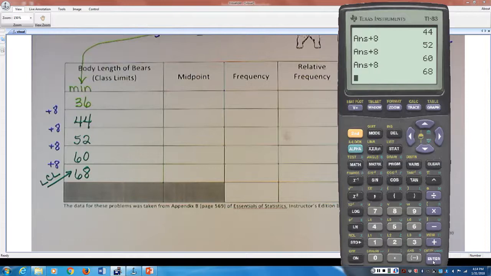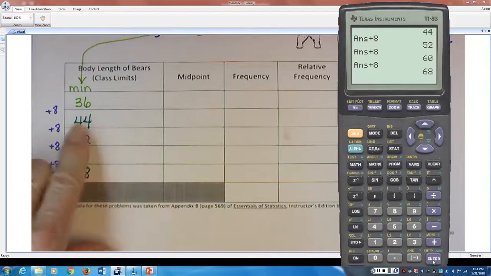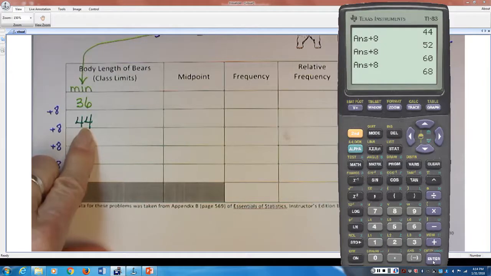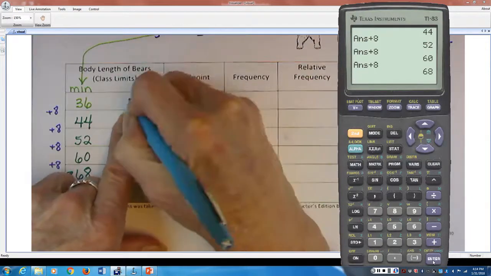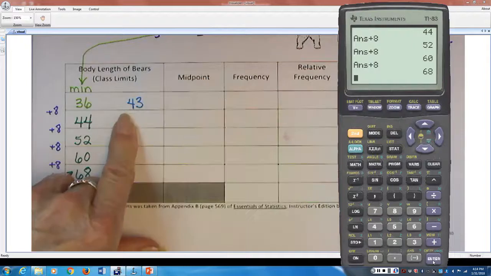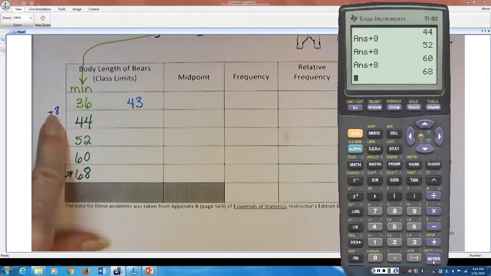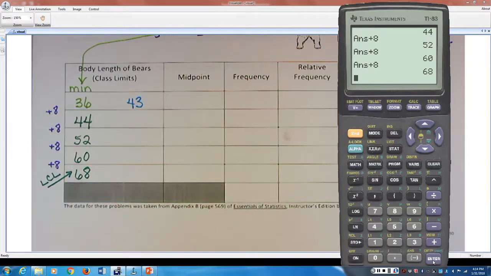Then I have to determine, well then, okay, what is my upper class limit for the first class? Well, my first class, there's 2 ways you can actually do this. You know it has to be less than 44, and the whole number that's less than 44 is 43. And if you wonder why 8 is what you add, here's what I want you to pay attention to.